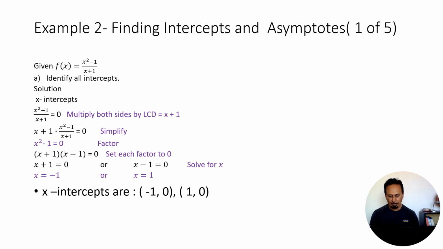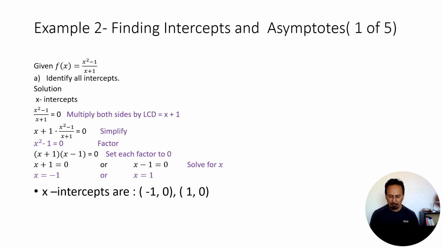Here's example 2. We are given a function f of x equals x squared minus 1 over x plus 1. First we're going to find intercepts. Remember, there are two kinds of intercepts, x-intercepts and y-intercepts. Let's find the x-intercepts first. We set this function to 0, which means x squared minus 1 over x plus 1 equals 0.